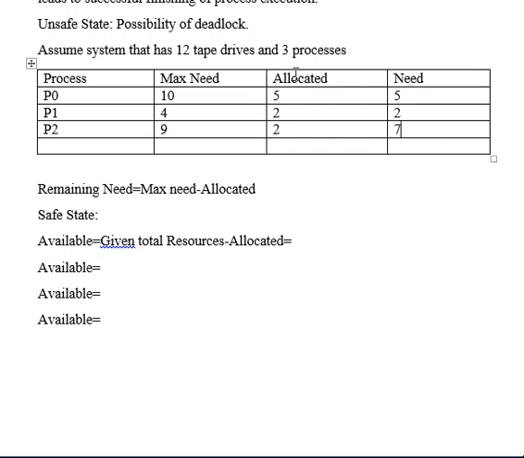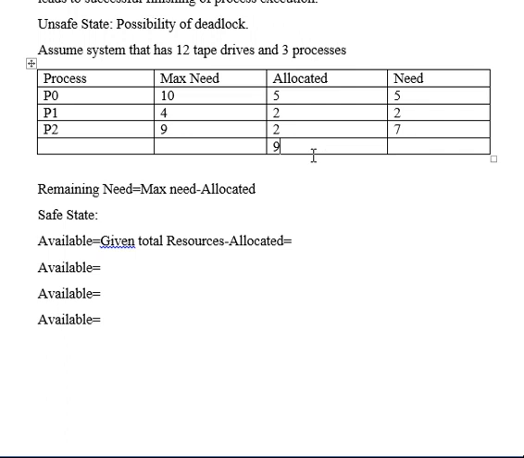The next step is to find how many resources are available. For that we first sum up the allocated resources: 5 plus 2 plus 2 comes to 9 allocated.